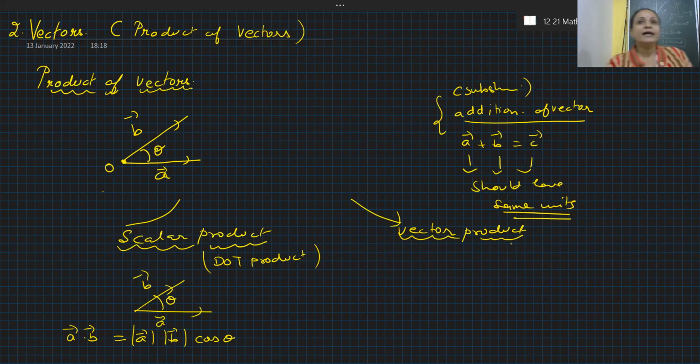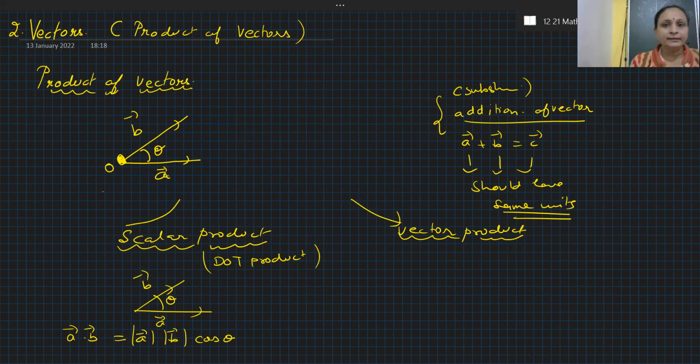But whenever I talk about two vectors which are to be multiplied, I have to be sure that both the vectors are acting at the same point, or we should consider the space in such a way that both the vectors are acting at the same point.